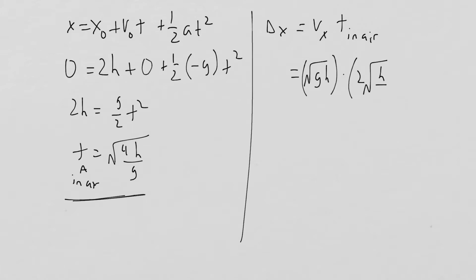Will look roughly like that. And this simplifies really nicely. The square root of g divided by the square root of g, those go away. The square root of h times the square root of h is h. So 2h. And so that is the answer to how far apart they are. Right? Lots of subparts in that question. But as long as you're careful and pay attention to how things move, not so bad.